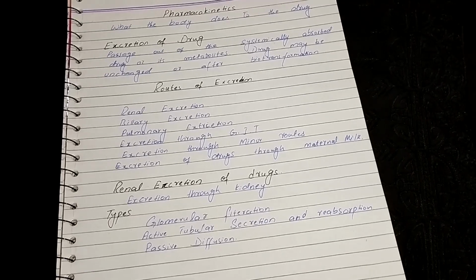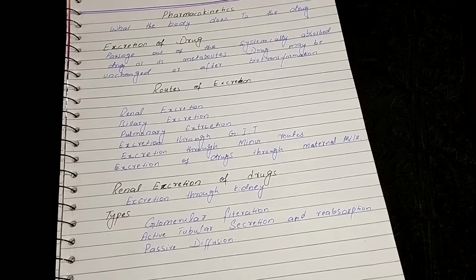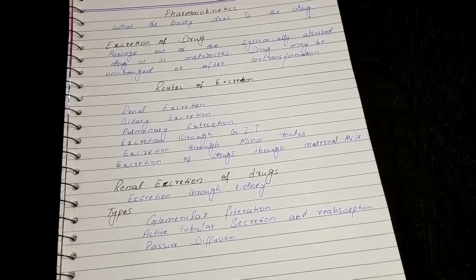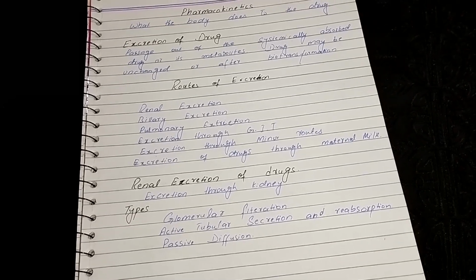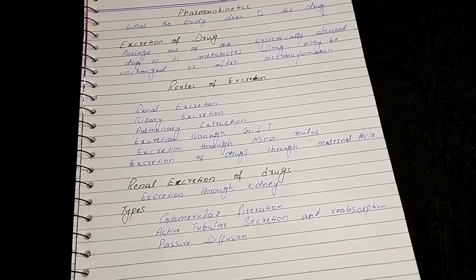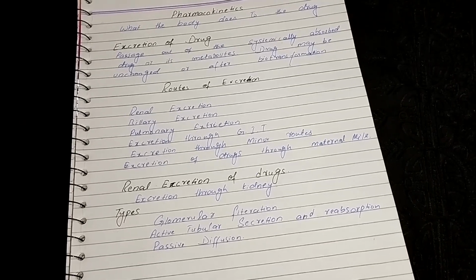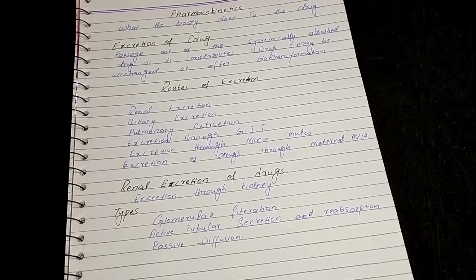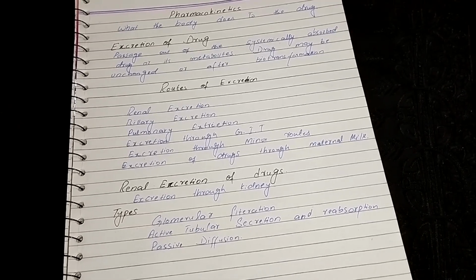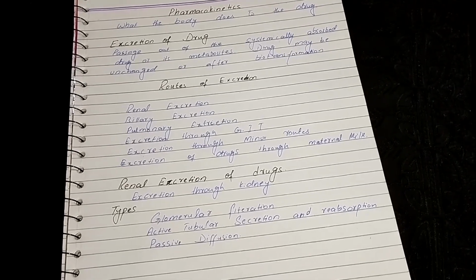Phenylbutazone has protein binding of 98% and is unable to pass through the glomerular membrane. Similarly, the synthetic penicillins such as phenoxymethylpenicillin and cloxacillin have large protein binding, that is 80% and 95%, and are unable to pass through the glomerular membrane.